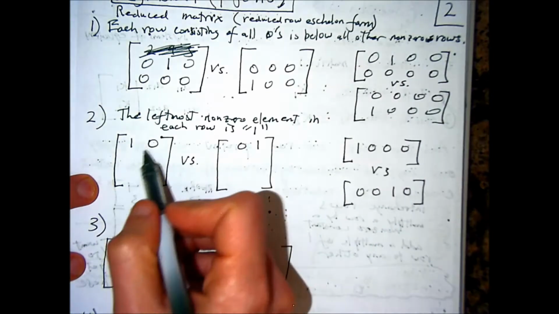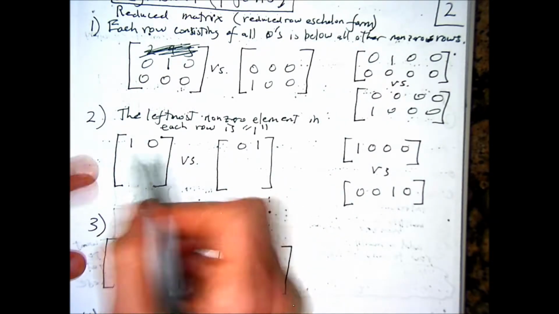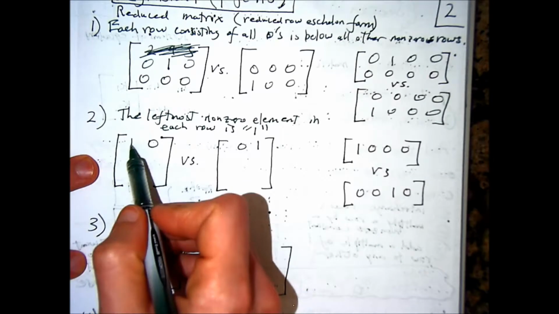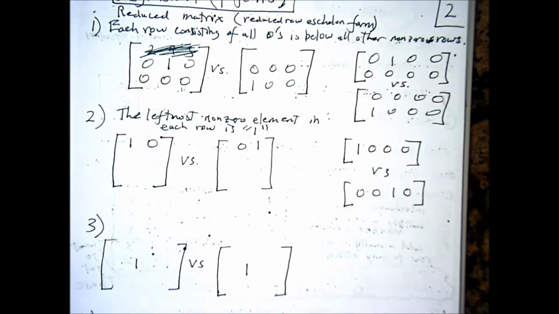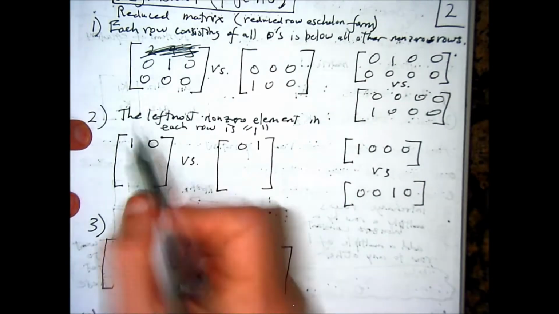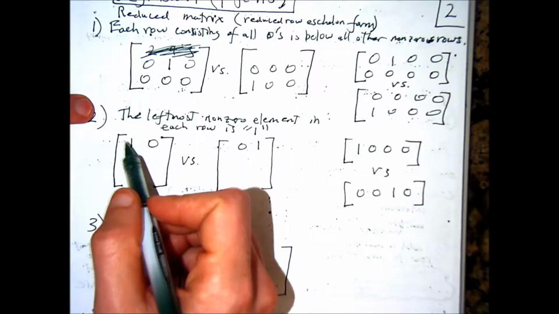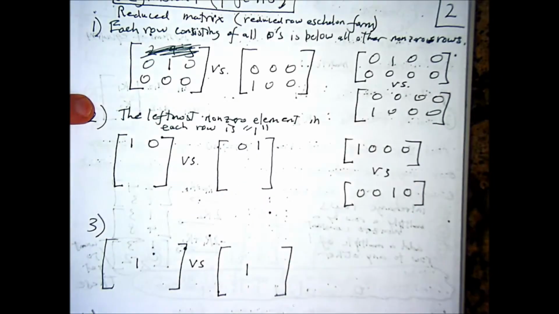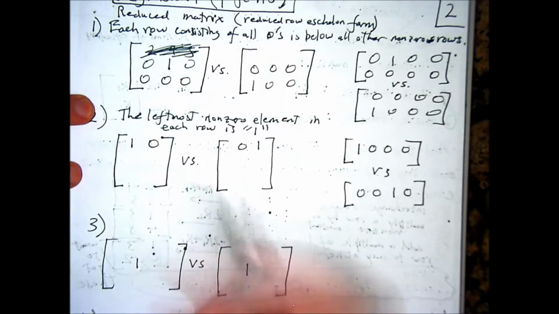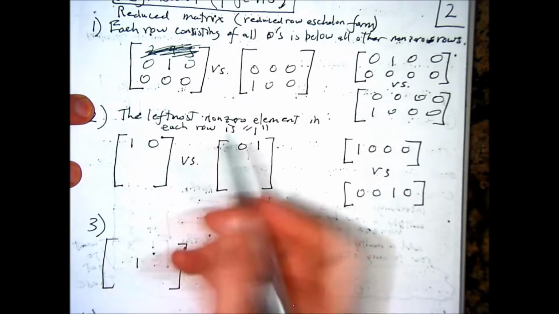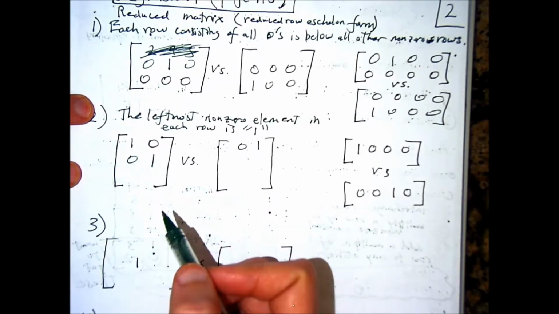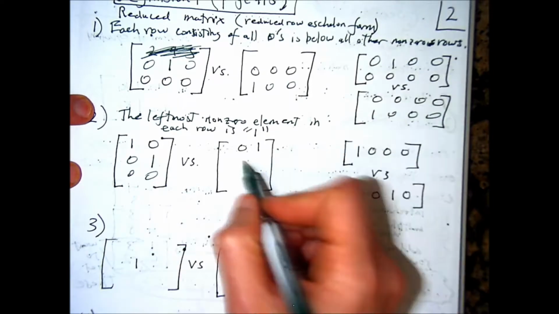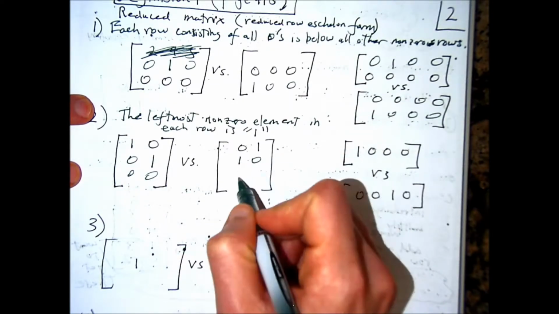So if I have a row and I have any zeros, they go to the right and my ones go to the left. This should not be a 2. I'm going to divide those out. I'm going to do my row operation number 2, which says I can multiply by a constant. So if this was a 7 to start, I would do a row operation and say, okay, multiply by 1/7 and turn this into a 1. So this would be in reduced row echelon form, whereas this could not be.